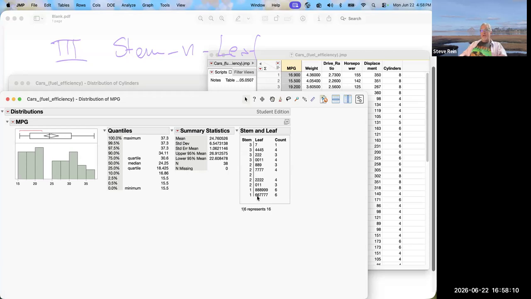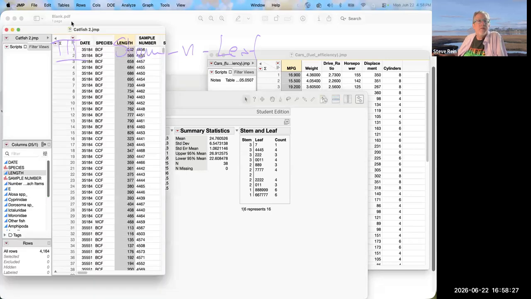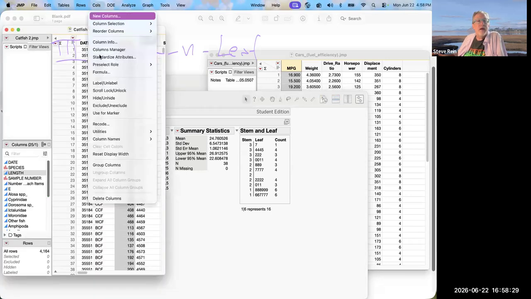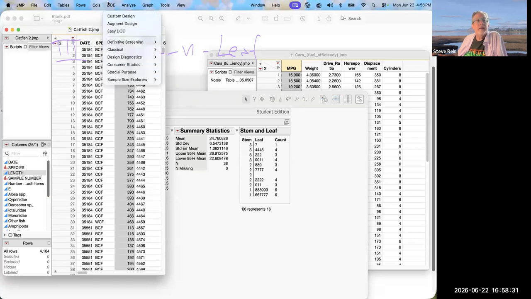The stem and leaf diagram is pretty cool because it tells us what we absolutely need. Though maybe not as useful as a histogram if we had thousands of data points. Let's go back to our earlier catfish example. Let's try the lengths again.